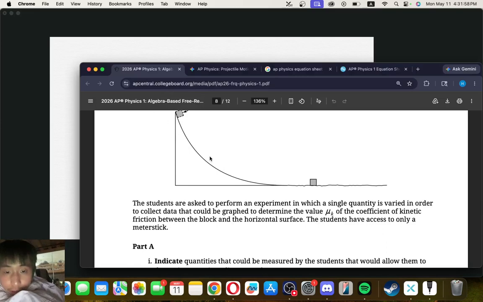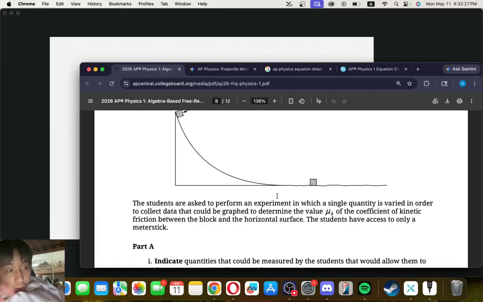Once you find the height and set up the equation, 1/2 mv squared equals mgh, v is equal to square root 2gh, and you set that equal to Fd, F equals mu k Fn, which is mg. So basically, if you want to find mu k, it equals the distance the block travels.